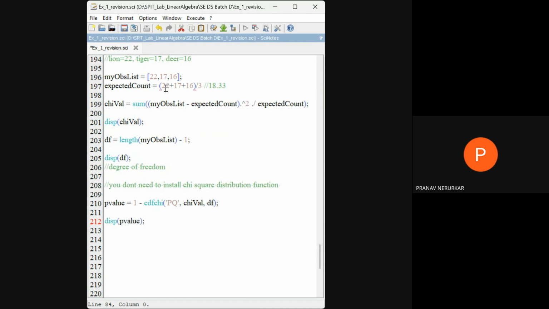So with this program, we can demonstrate how this chi-square distribution function can be used, how element-wise calculations are performed, and how all this can be applied to implement the goodness of fit test.